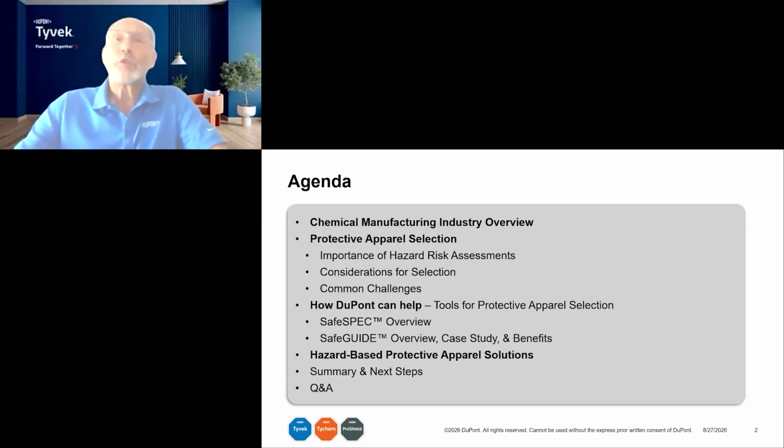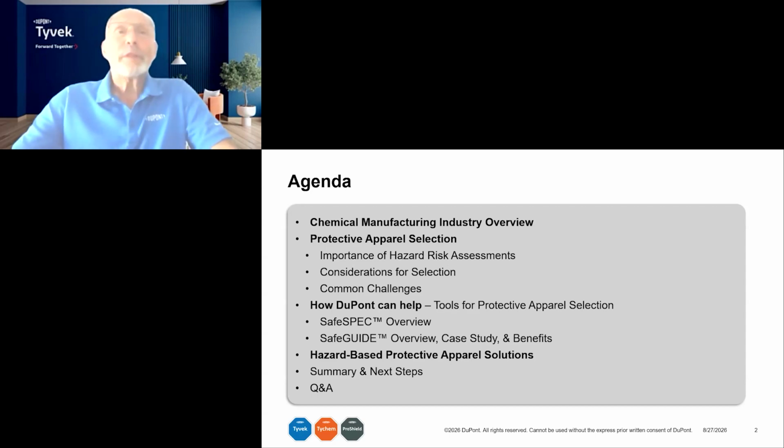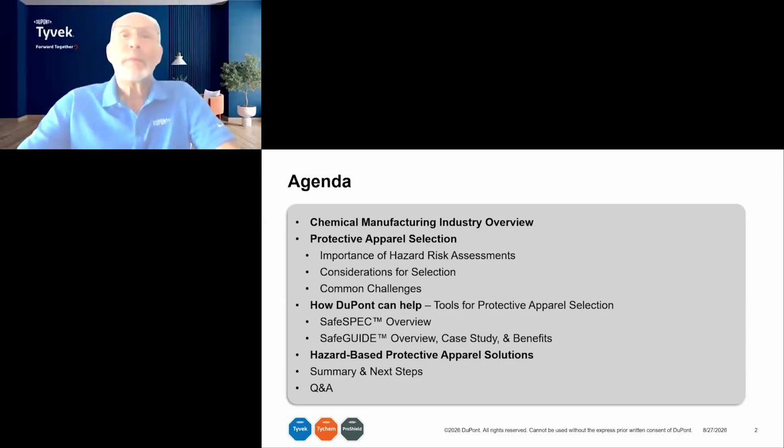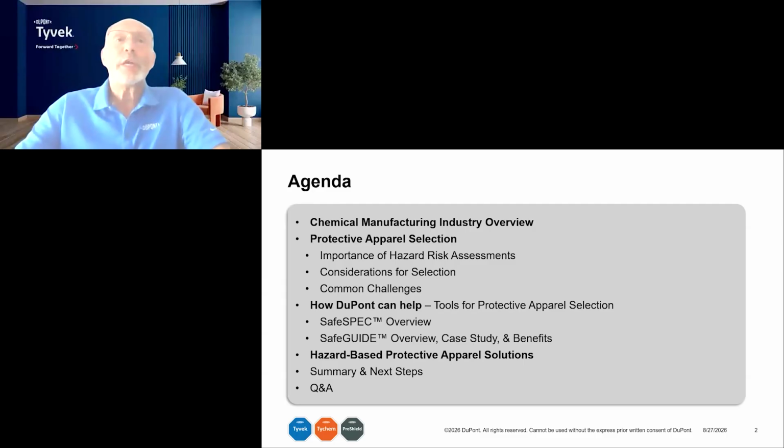Then we'll dive into how DuPont can help address some of these challenges to help you as the end users be successful, by sharing our SafeSPEC and SafeGUIDE tools. We'll subsequently do a deeper dive into the SafeGUIDE tool, and we'll walk through a case study from the chemical manufacturing industry and discuss the benefits of the program.